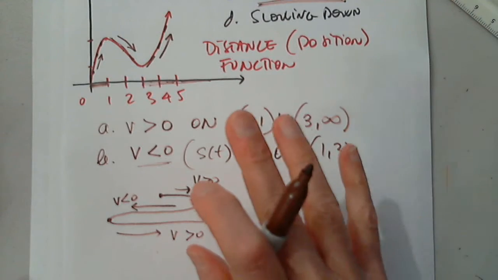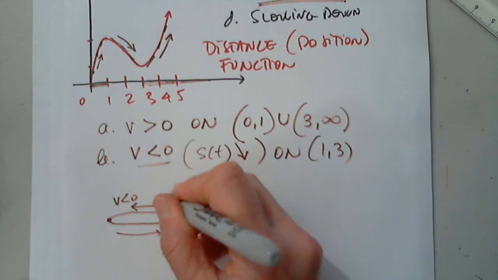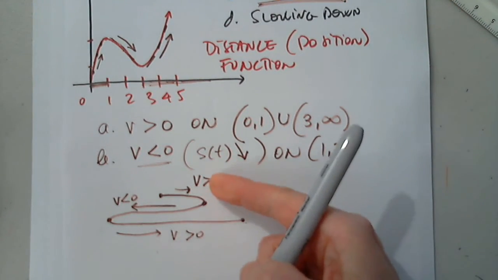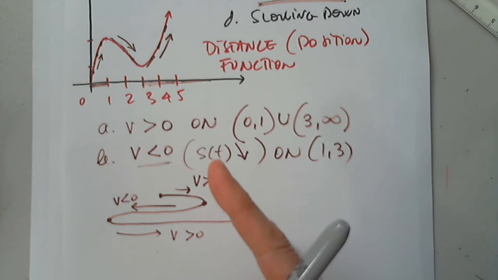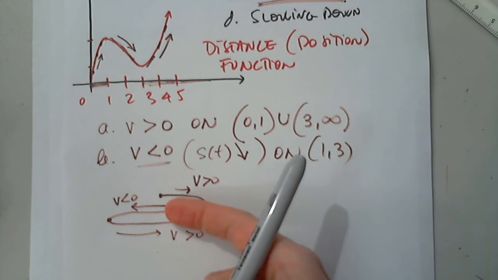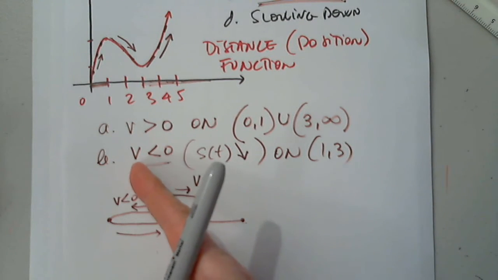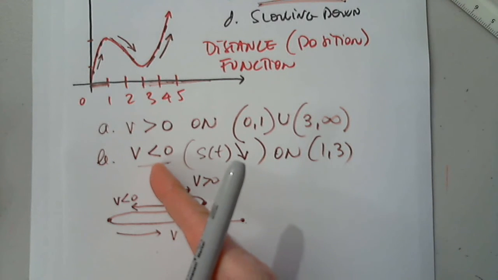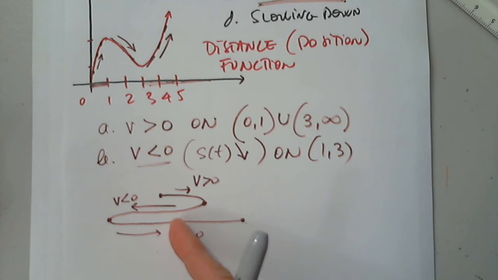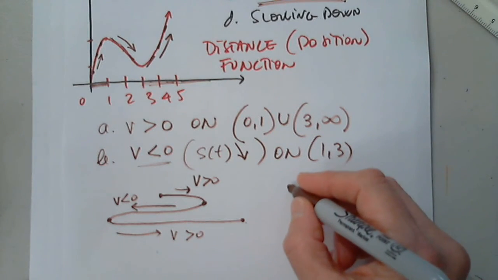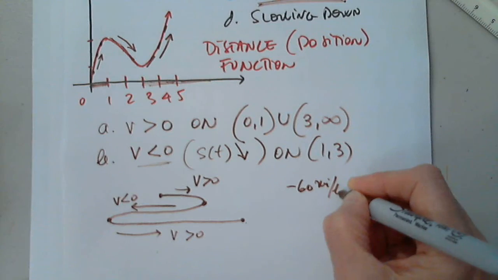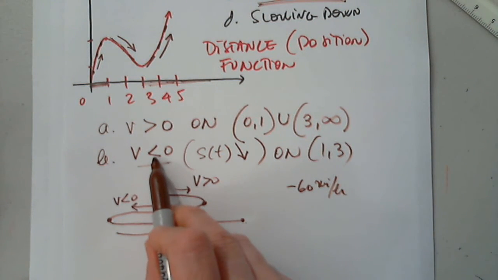Okay, so the particle can be speeding up in the positive direction, or it can be speeding up in the negative direction. So even when the velocity is negative, the particle could be speeding up. And you can say, but I can never drive with negative 60 miles per hour. What are you talking about, negative velocity?